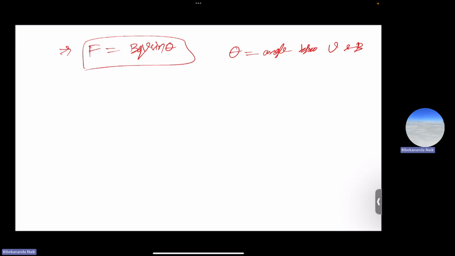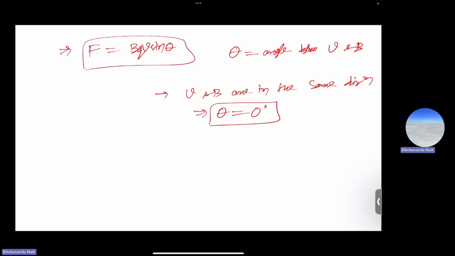Now in the question it says v and B are in the same direction. So v and B are in the same direction. That implies theta is 0 degree.